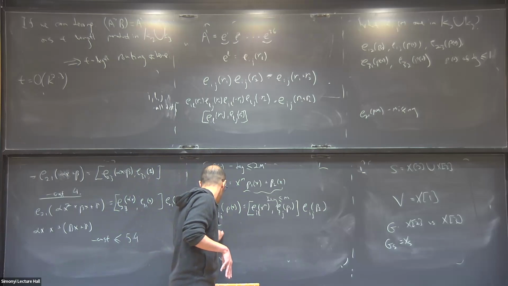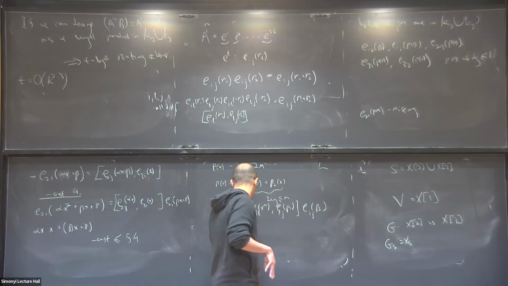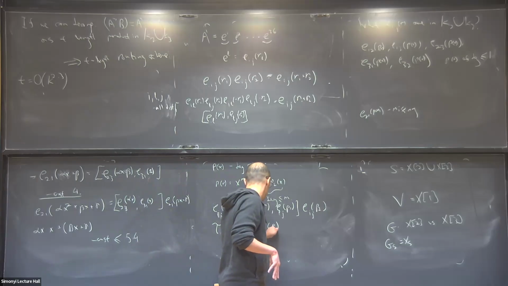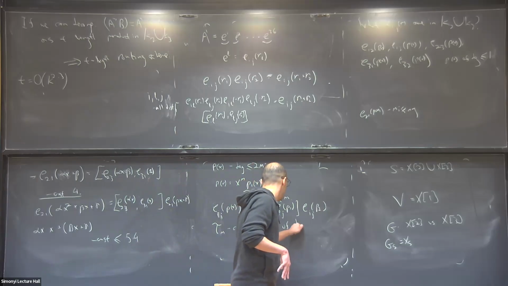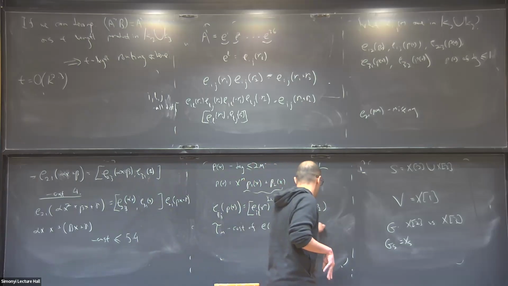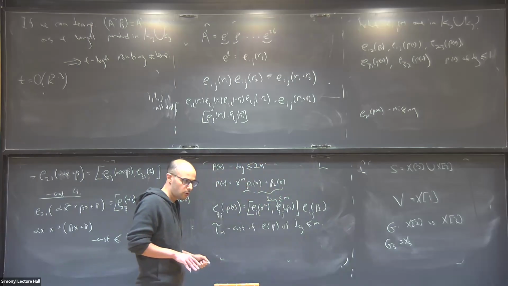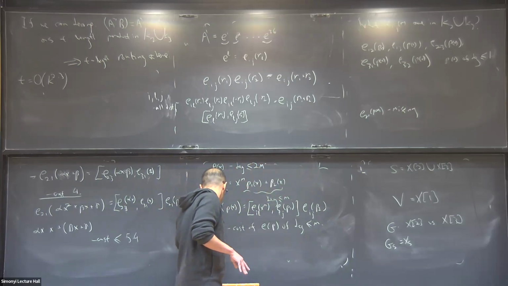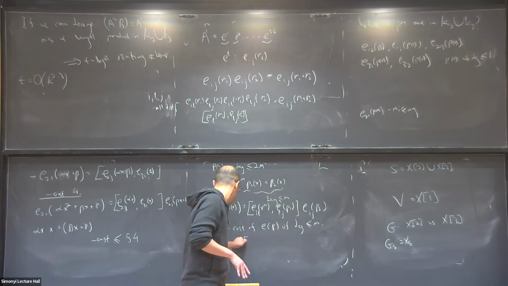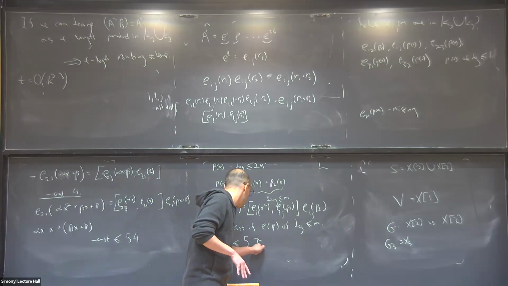If tau m is the maximal cost of some e p of degree at most m, what did we prove? We just proved that R of 2m is less or equal to 5 times tau of m.